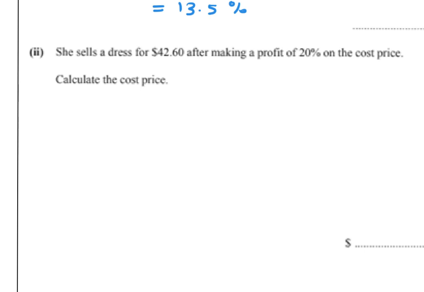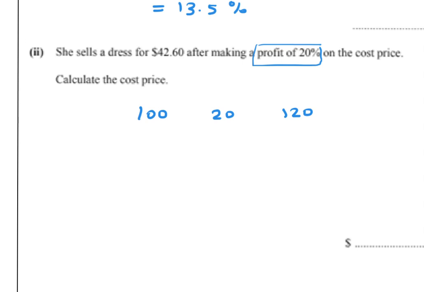Part two, she sells a dress for $42.60 after making a profit of 20% on the cost price. Calculate the cost price. So we have a profit of 20%, so we can use the cross multiply method. So 100 for the cost price, 20 for the profit, so 120 for the selling price.